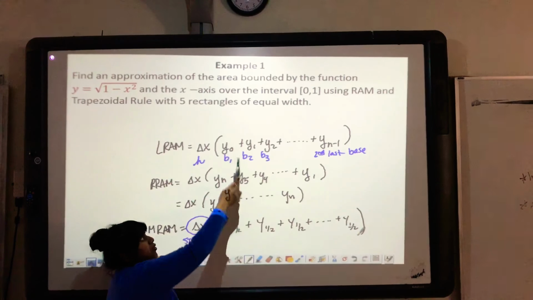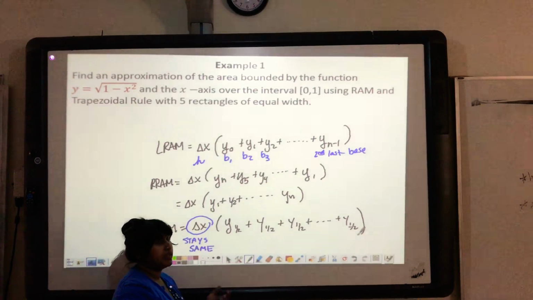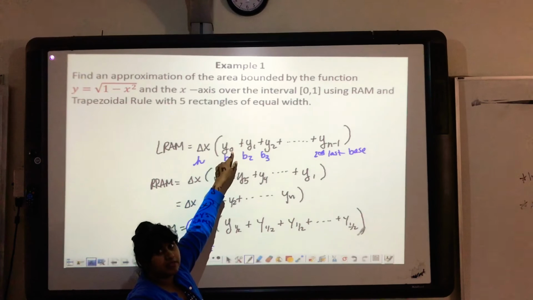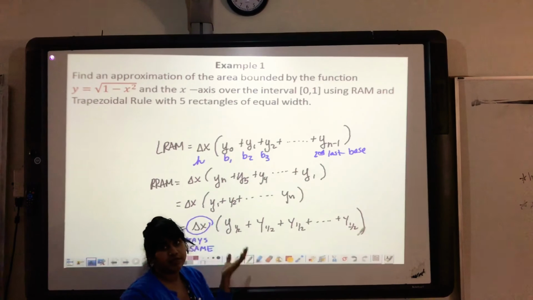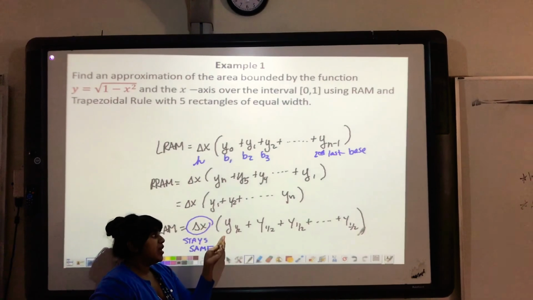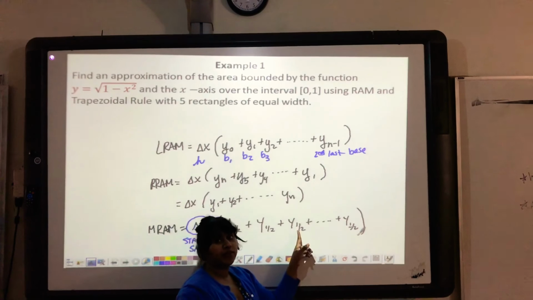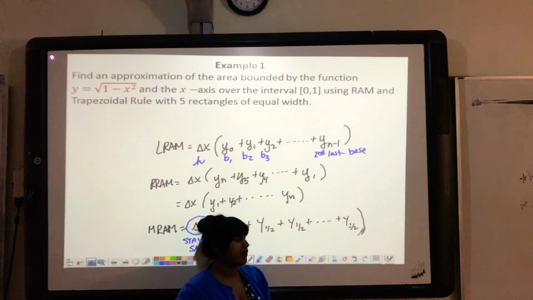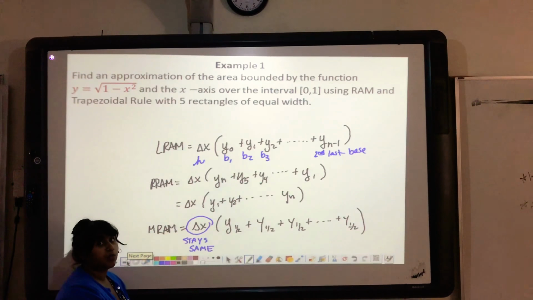For example, if we were going 0, 1, 2, all the way until 5, on an interval from 0 to 5, instead of 0 and 1, we would have 0.5, 1.5, 2.5, all the way until we hit 4.5. And so those are our 3 rectangular approximation methods.